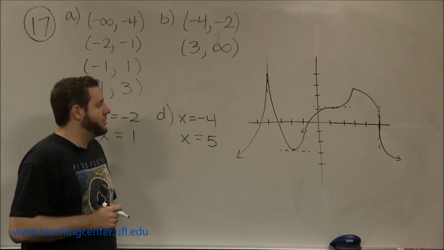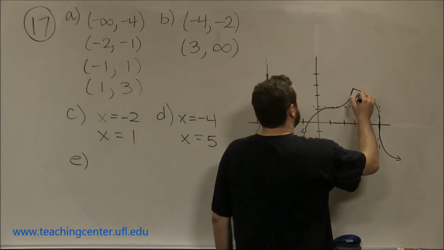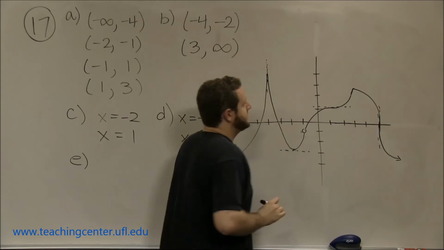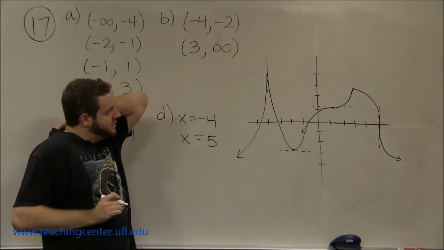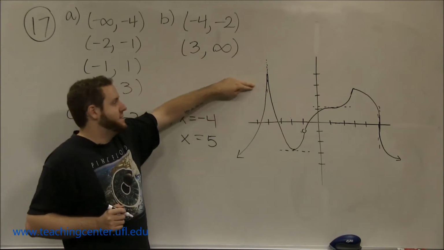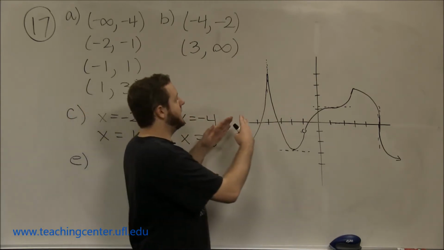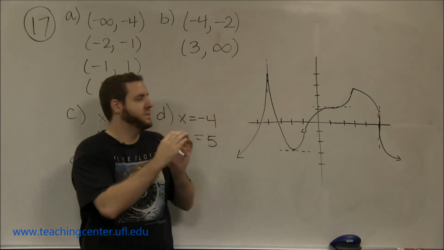We have one other point where the function is not differentiable, and that's this corner point right here at x equals 3. The difference between this point and the one at x equals negative 4 is that the one at x equals negative 4 is called a cusp, because the lines become vertical as they touch.